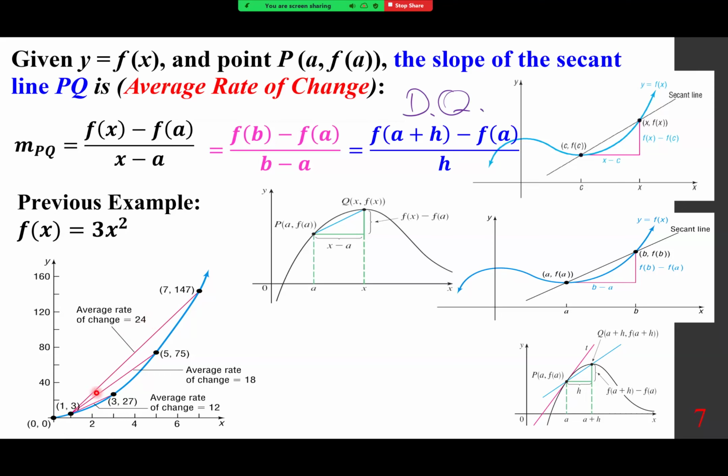For these two it is 18. For these two, the average rate of change is 12. So it depends, it's not fixed. Why is it not fixed? Because it's a curve. But if it was a line, it wouldn't make any difference where you pick the pairs.